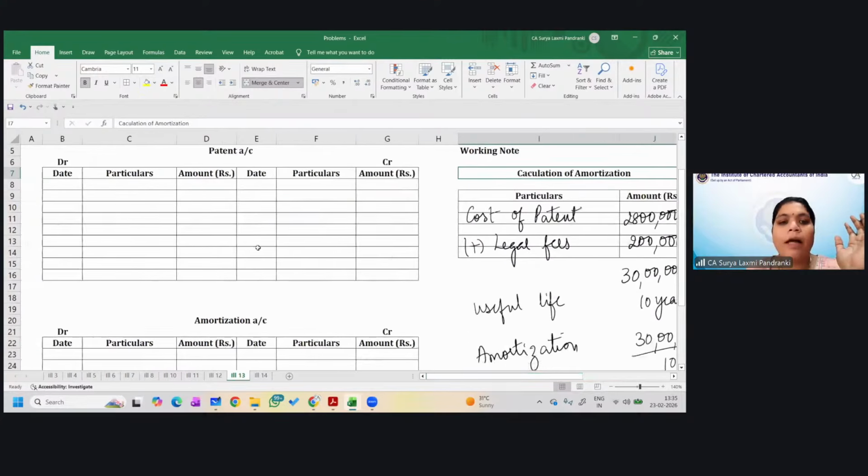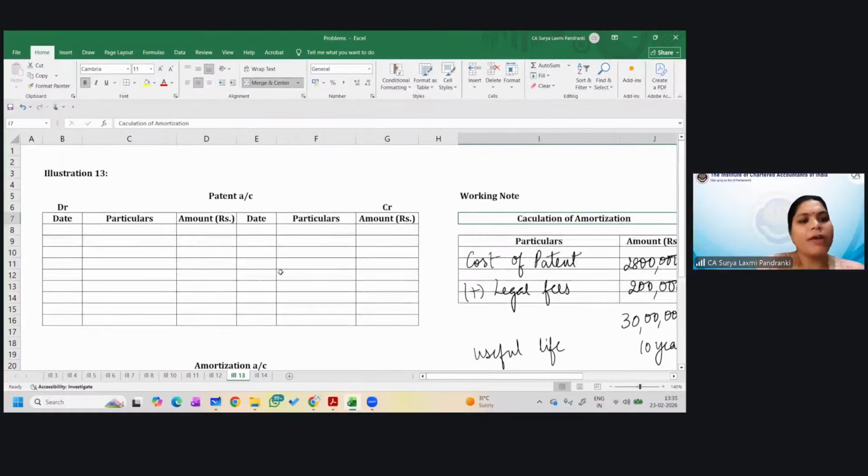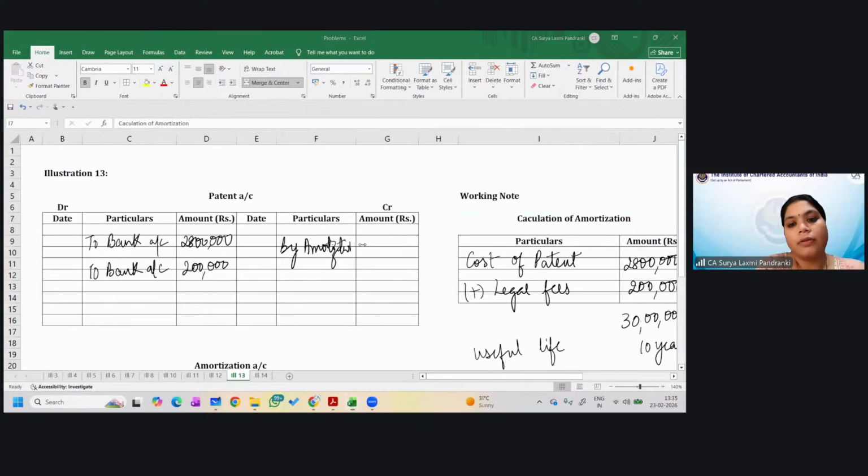That's it. Okay. Now, how will you record this into your books of accounts? Very simple, the same way how we have recorded, right? So in patent account, it will be to bank account of 28 lakhs, to bank account of 2 lakhs, right? And by amortization account, this will be as on which date?